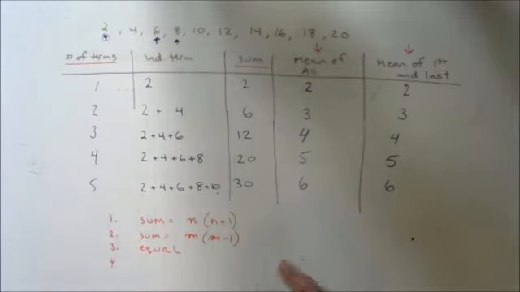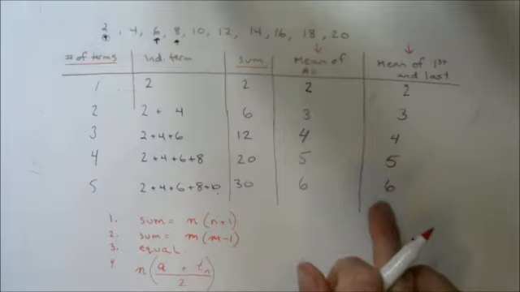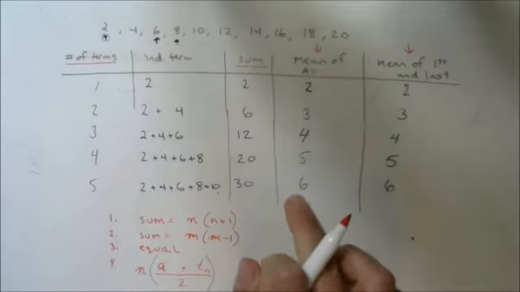So basically what we have here is the first term plus the last term over 2, because there are 2 terms, we're finding the mean of them. We're going to take that and multiply by n, right? We'll get the mean of the first and last term, which is the same as the mean of all the terms.